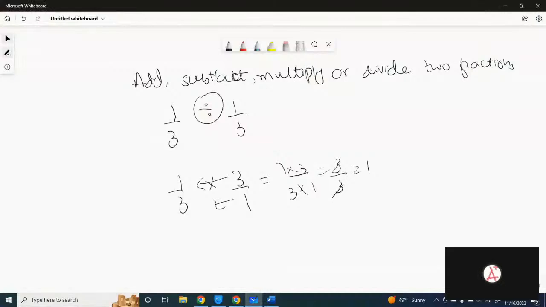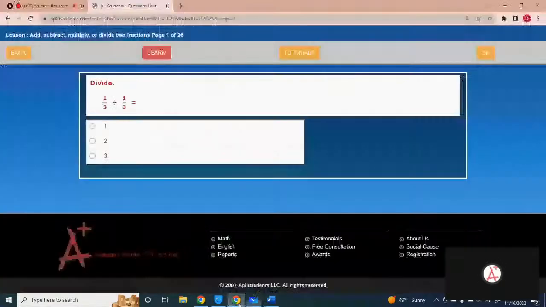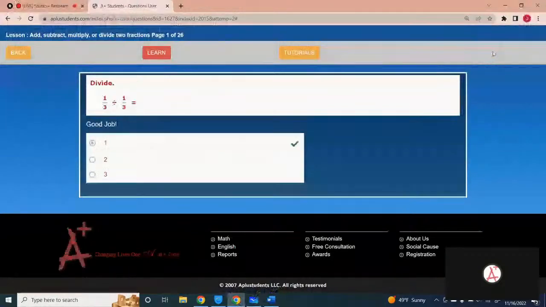It would be 3 over 1 then. Got it? So it would be 1. Just select the correct option and then click on the OK button.